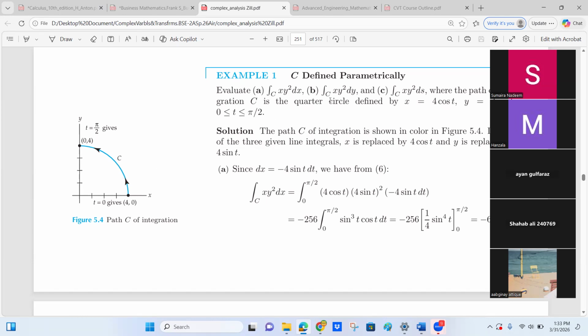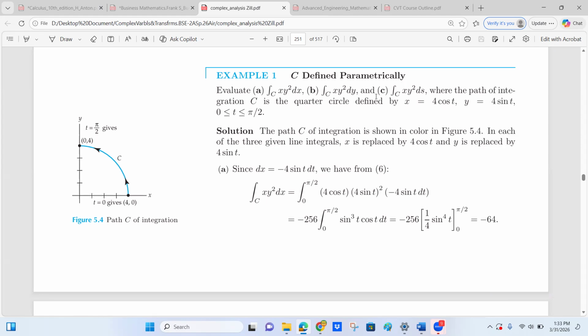Evaluate: there are 4 parts, x y square dx, x y square dy, x y square ds, where the path of the integration C is the quarter circle. You can look here that basically the full circle is like this shape, and this is the part of the quarter circle defined by x equal to 4 cos t and y equal to 4 sin t.